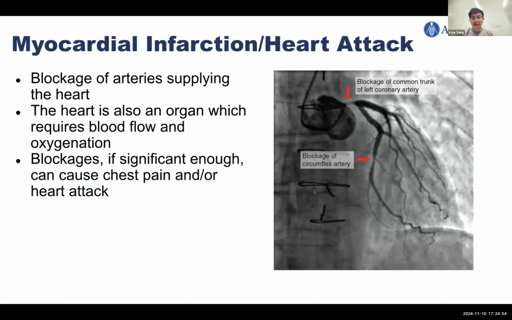In the thoracic cavity area, there's also your lungs and different muscles. So you can have chest pain that is not from your heart, but from the muscles, or from something going on with your lungs.